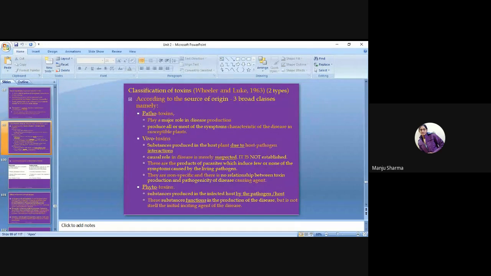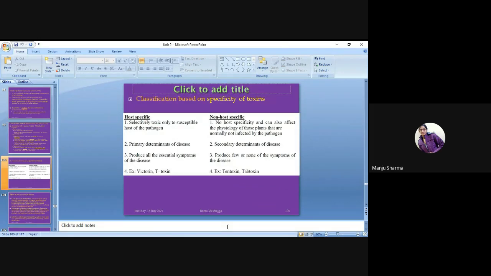These substances function in the production of the disease, but are not themselves the initiating agent of the disease. So that will be called phytotoxins.